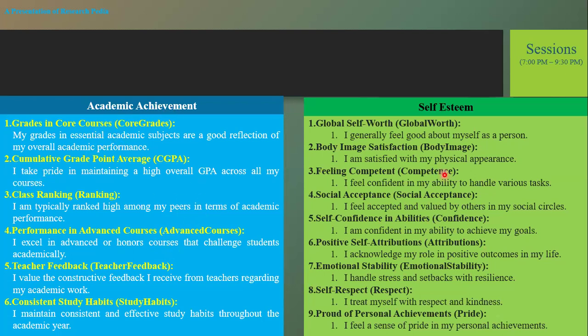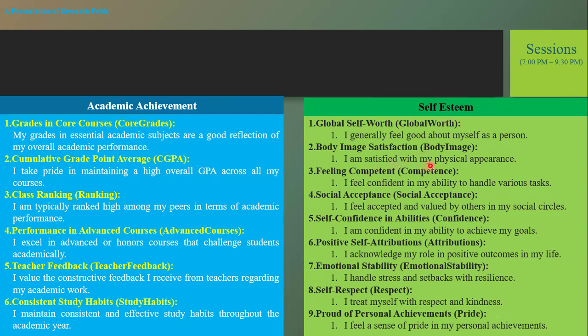In the same way, you can see here, in case of self-esteem, there are nine statements, indicating "I generally feel good about myself as a person." It is going to measure the self-esteem, because it causes the self-esteem. So when a person feels good about himself, it means that his self-esteem is increasing.